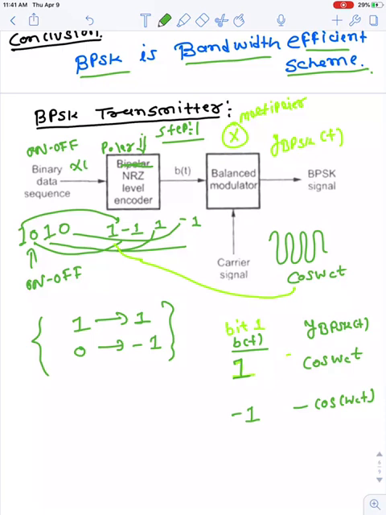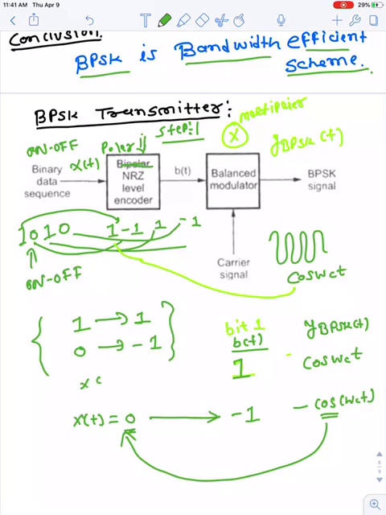If x of t is the input, x of t would be 0, and passing through a polar level encoder, it will be converted to -1.